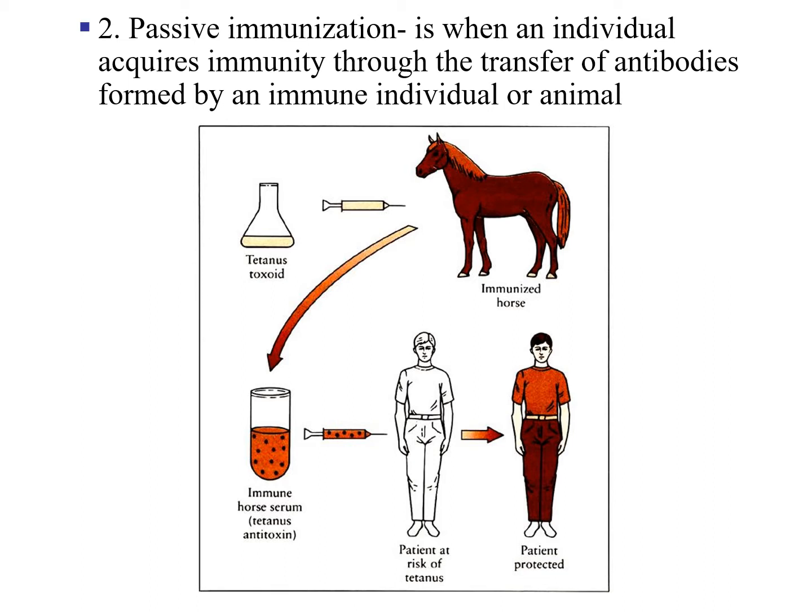That immune individual can be a horse or some type of animal, or it can be a human. So that is the difference between active immunization, where you build your own antibodies, and passive immunization, when you take someone else's antibodies.